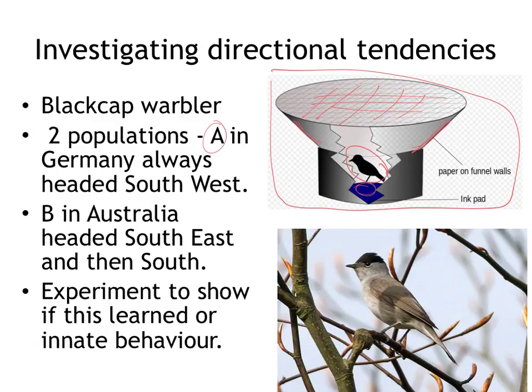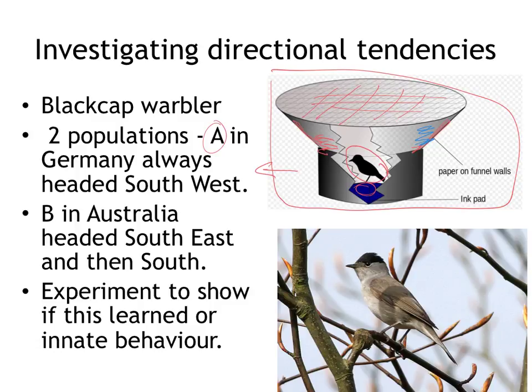So when the bird decides to set off where it's going to be flying to, it will make scratch marks on the direction it's going. So say the bird's going to be going this direction, then what you would find is there would be scratch marks on the paper at this side here, and there would be none over on the other side here. And that way you can work out which direction the birds are going to be travelling in.